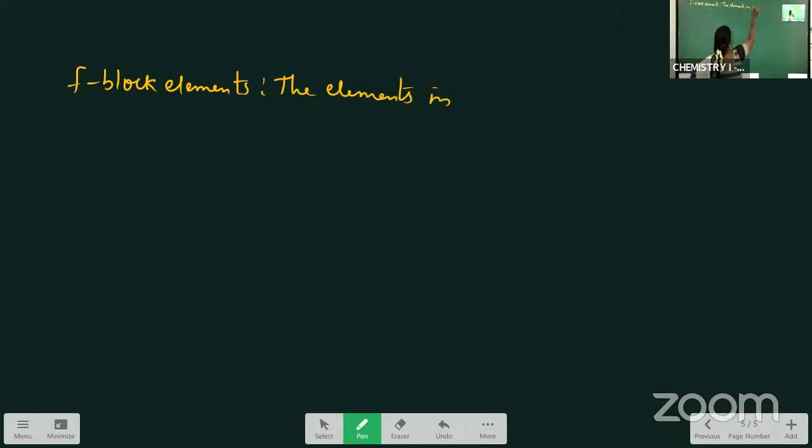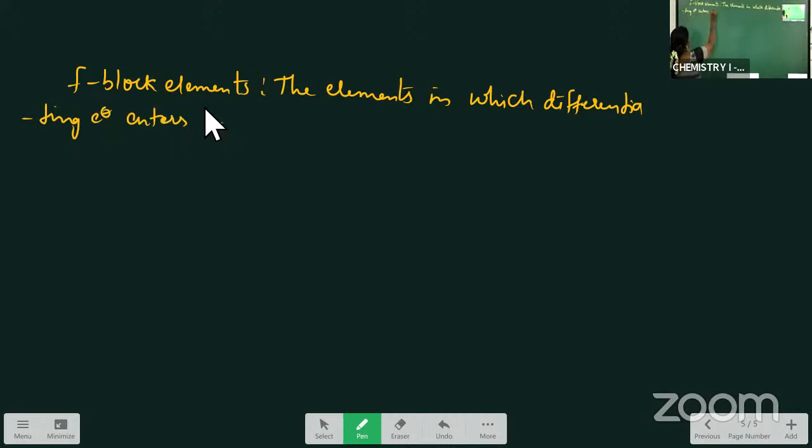The next is F block elements. The elements in which the differentiating electron enters into the anti-penultimate shell.